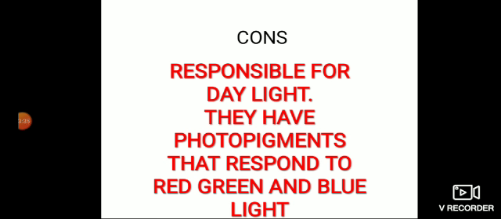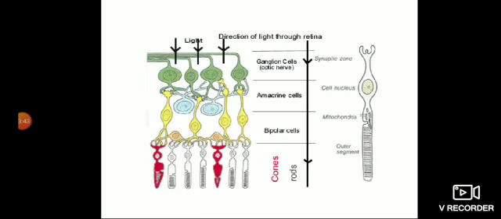I told you cones are responsible for daylight, and they respond to red, green and blue light. See here, again in the picture you can see the cone cells and rods.